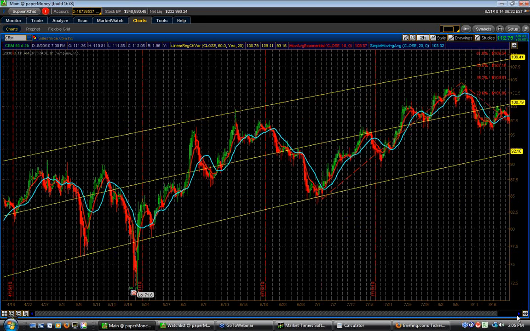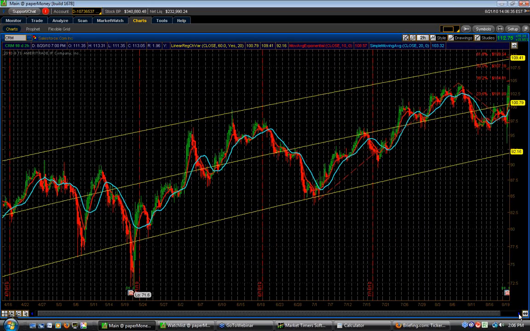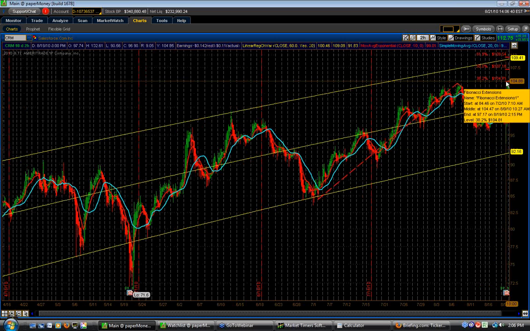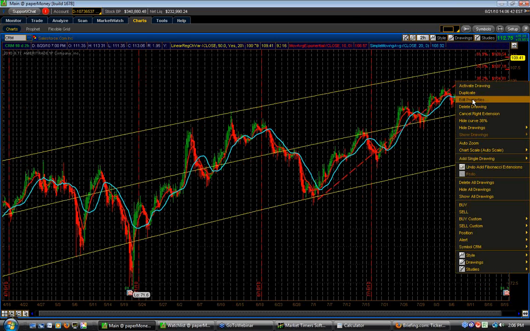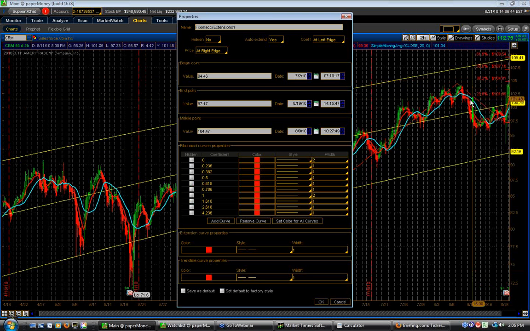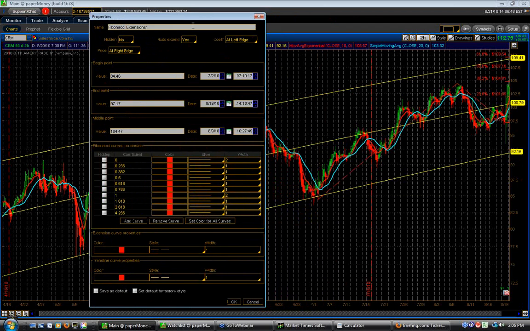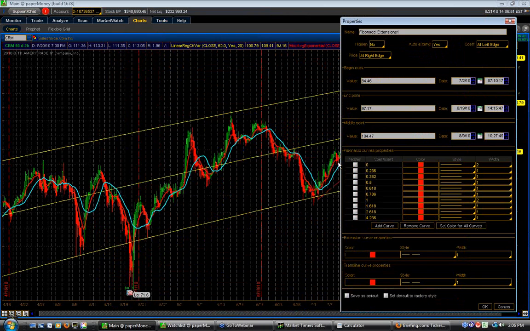Now I got to move this forward just a little bit so I can get these lines. That way I can click on this and edit that particular property. So this low right here was 84.38.